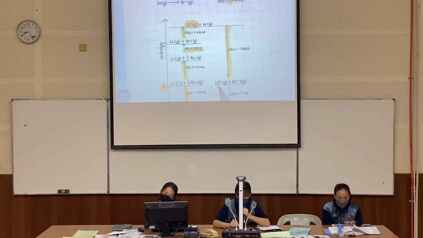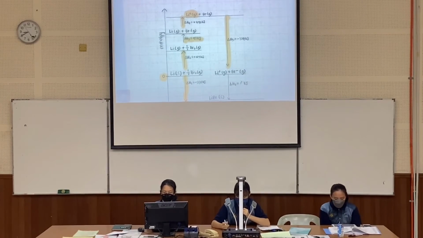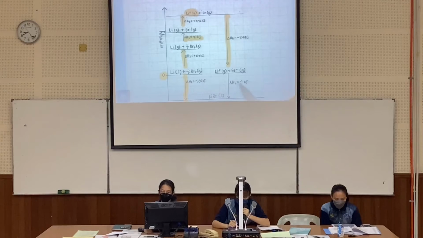Lithium plus, you still copy back from here, and now you write down the Br minus in gaseous state. So the next enthalpy is not given in the question, which is the thing that we need to find now. This is the lattice energy, where the lithium ion and bromide ion now return into 1 mole of lithium bromide in solid state.